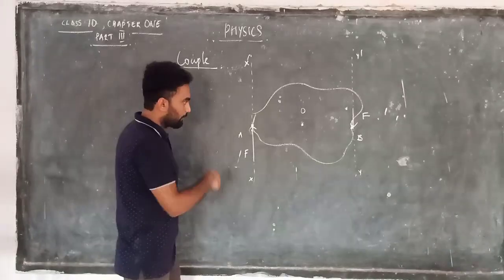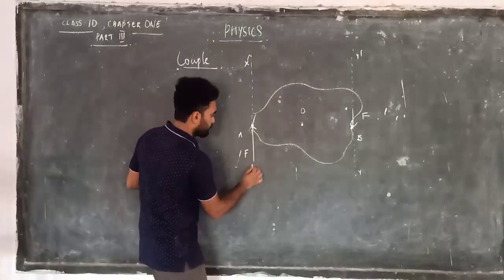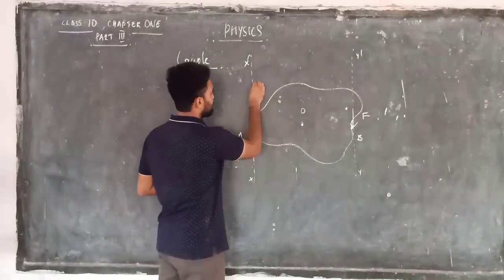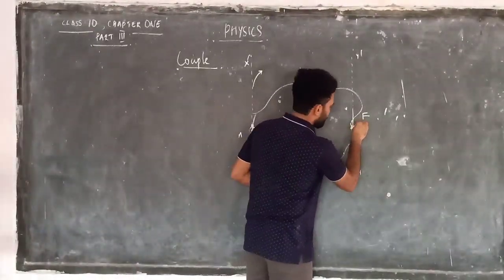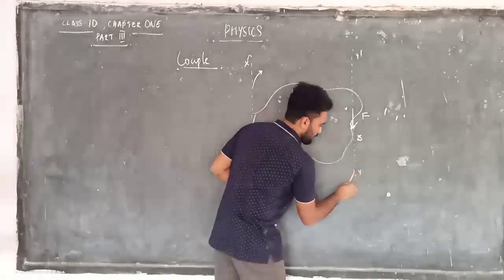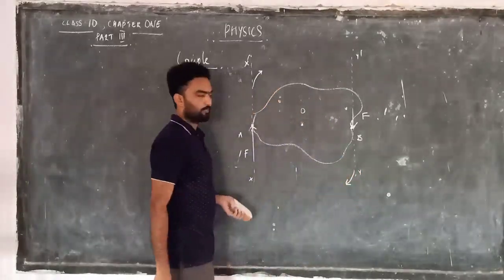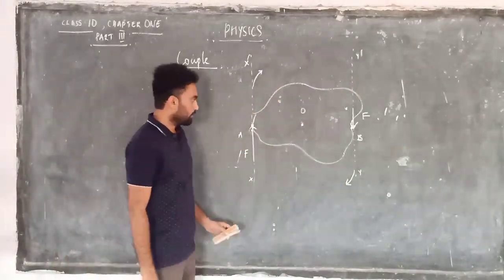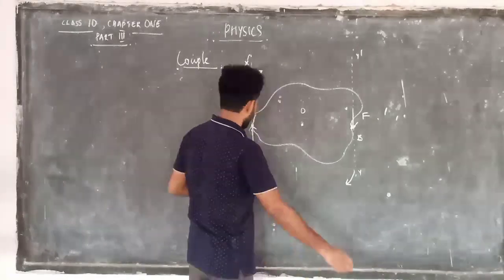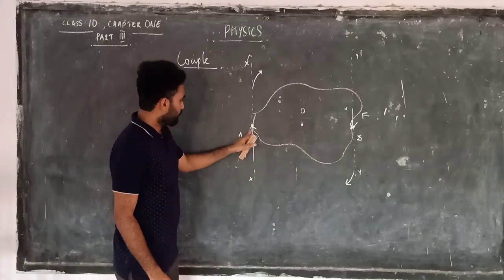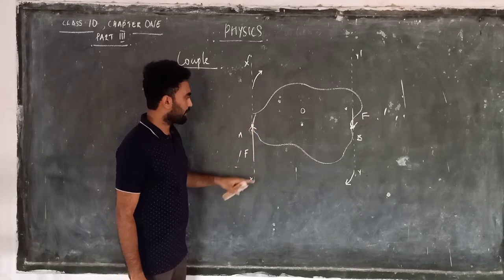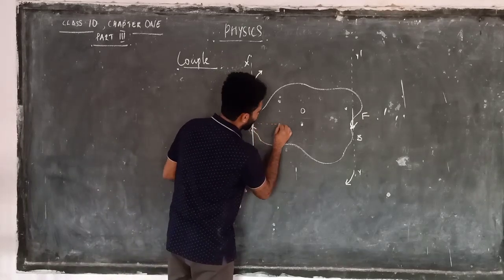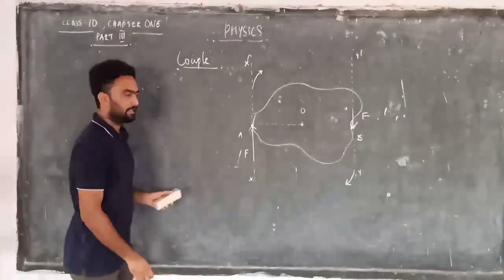Now, due to this force F on the point A, it will get a clockwise movement in this direction, and due to the force at B, it will also get a movement in the clockwise manner. Clear? Now we can calculate the total moment. When you consider the point A, a moment will take place, and that moment can be found by taking the product of the force and the perpendicular distance.